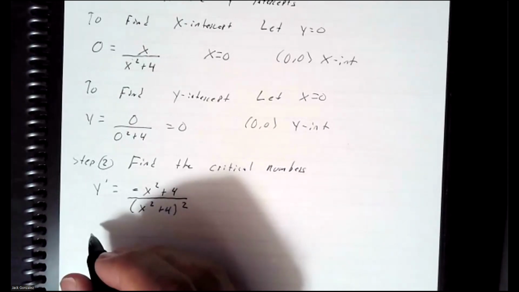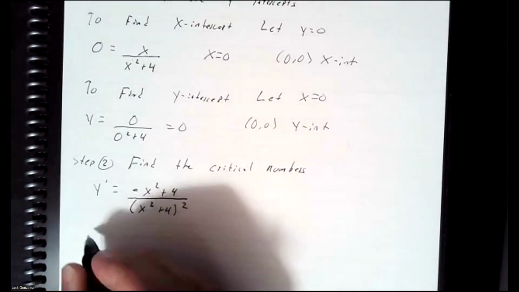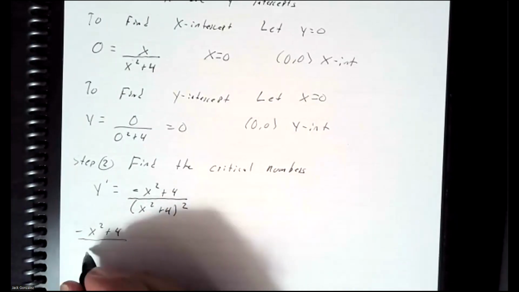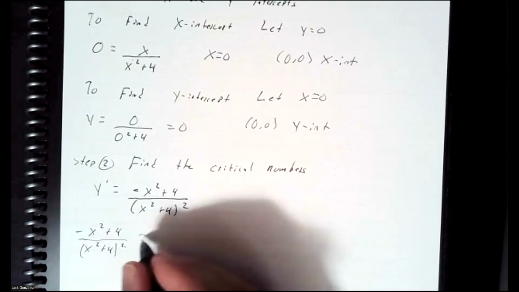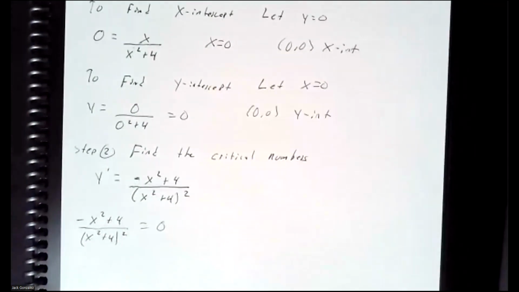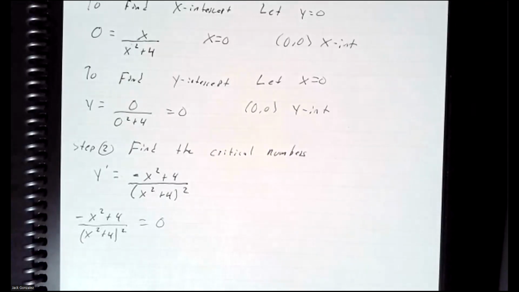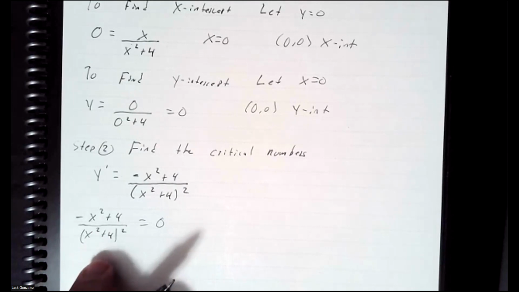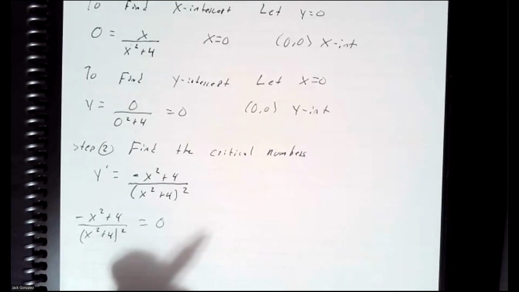So set this to 0. Do you agree that the only way this would be zero is if the top is zero? The bottom will have no solution. Yes, so it would need to be 2 or -2.